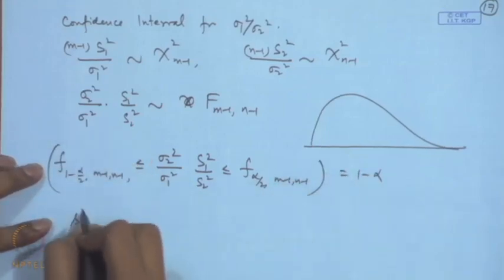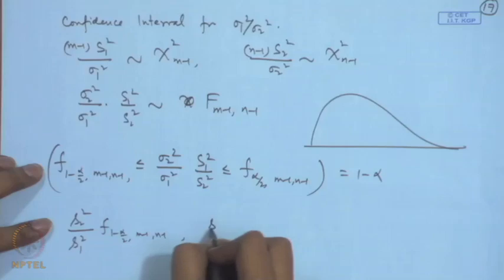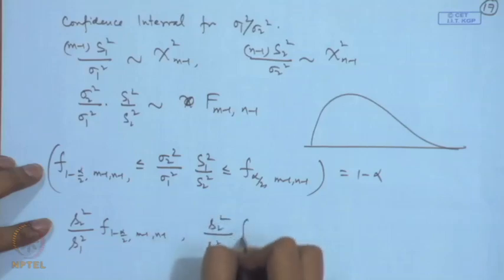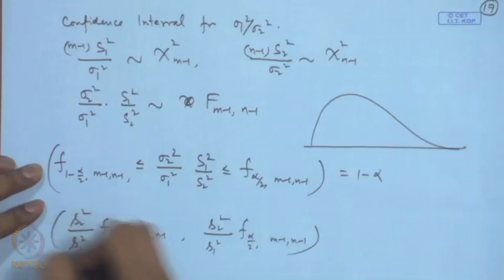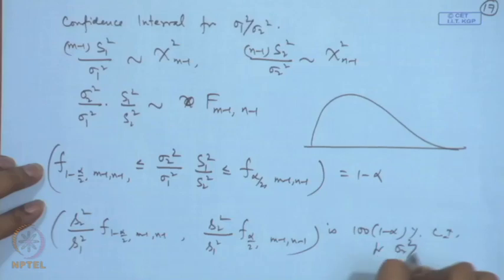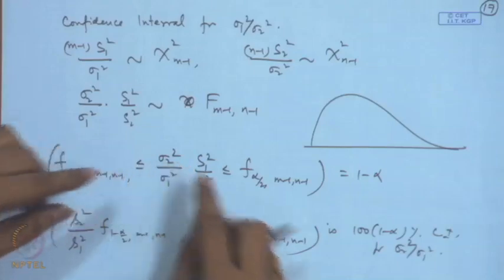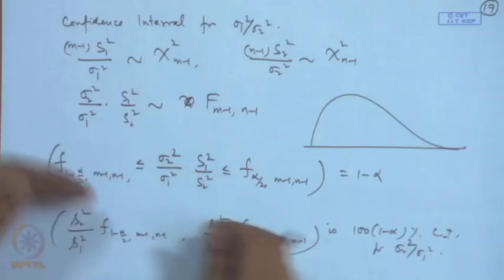So, we get s 2 square by s 1 square F 1 minus alpha by 2, m minus 1, n minus 1 to s 2 square by s 1 square F alpha by 2, m minus 1, n minus 1 as the 100 1 minus alpha percent confidence interval for sigma 2 square by sigma 1 square. We can also write down the confidence interval for sigma 1 square by sigma 2 square by taking the reciprocal of this one.